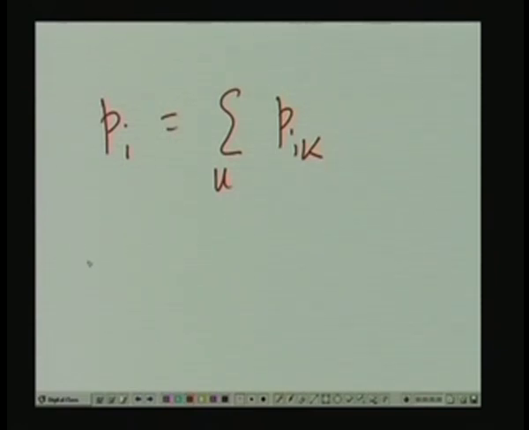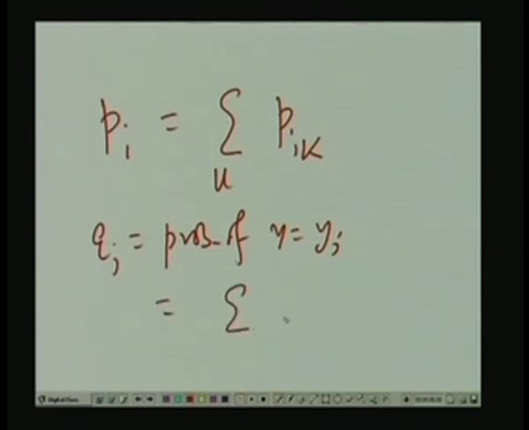If Qj is the corresponding probability of y equal to yj, this will be again Pij, but summed over i. Here Pi is the probability of x equal to xi, that is this summation, where Pik is the joint probability, and Qj is nothing but Pij summed over i. This is pretty obvious.